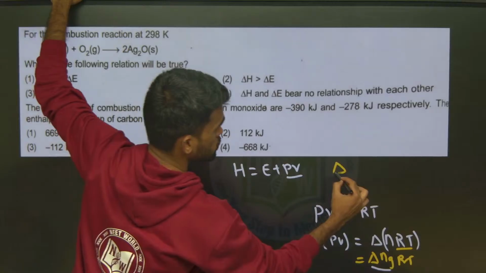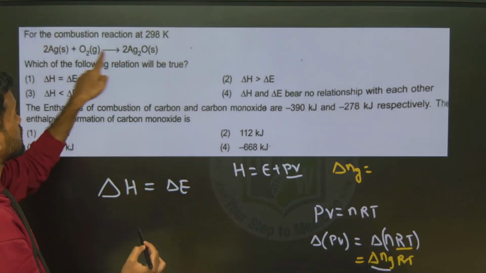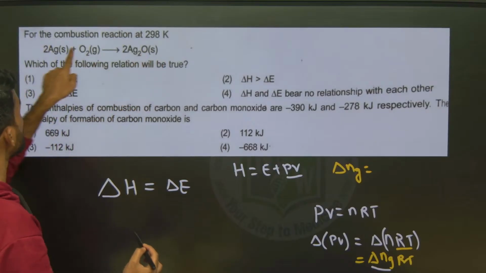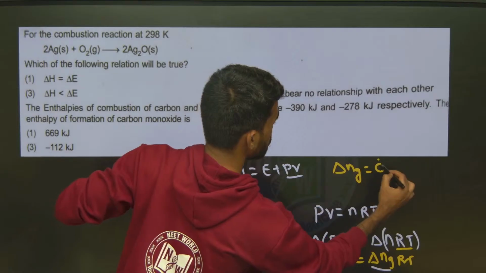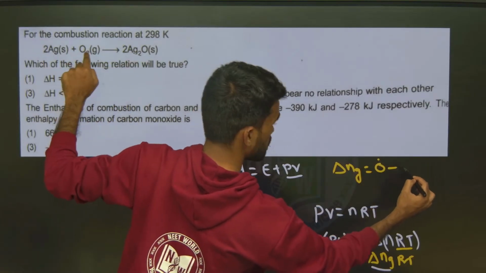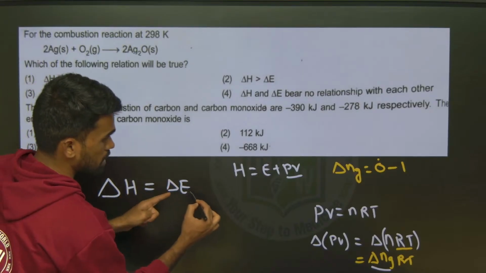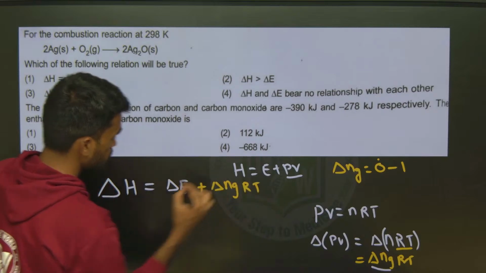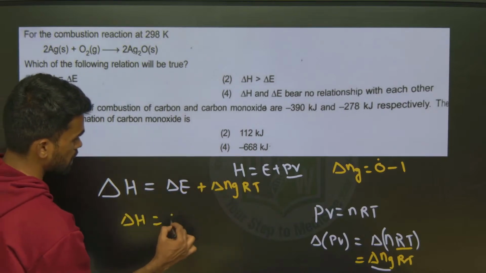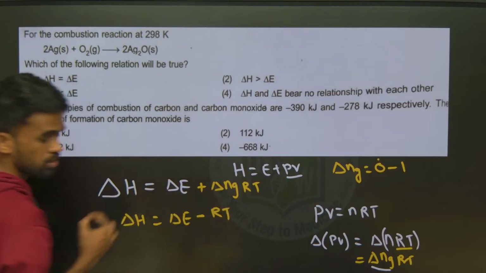Delta Ng is gaseous products minus gaseous reactants. Gaseous products are 0, gaseous reactants are here 1. So products minus reactants means it will be minus 1. Okay, so delta H equals delta E plus delta Ng RT. So delta H equals delta E minus 1 RT.